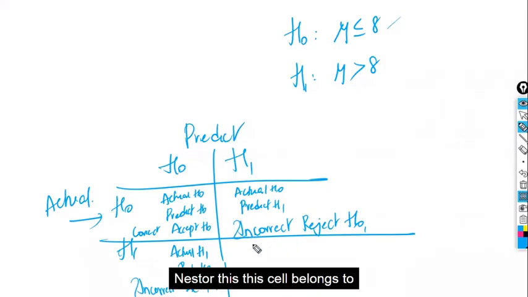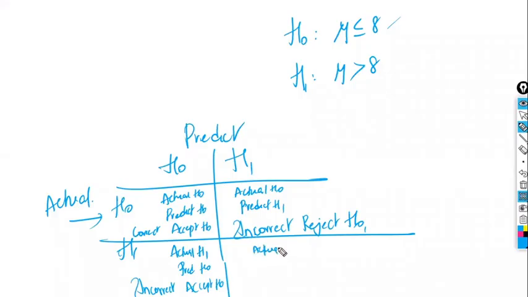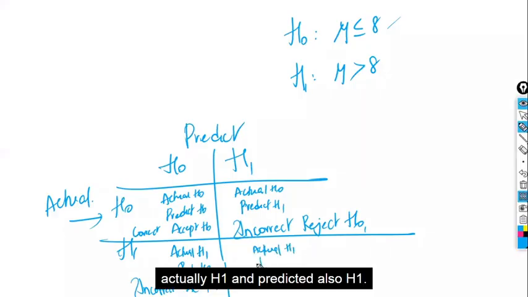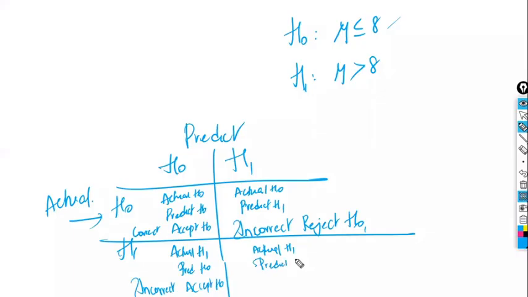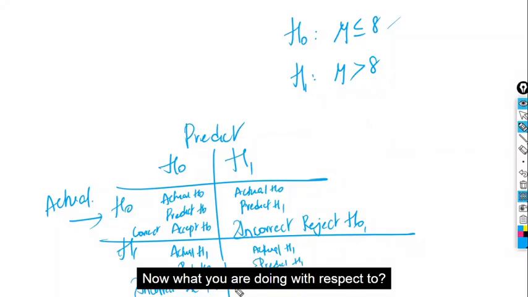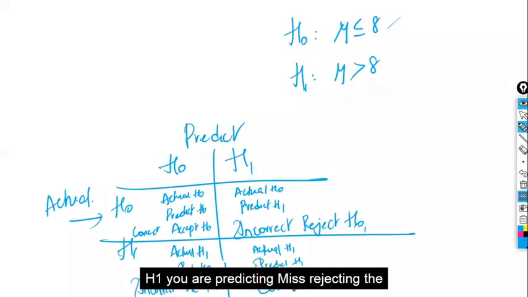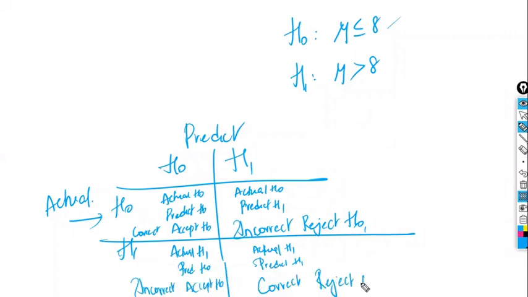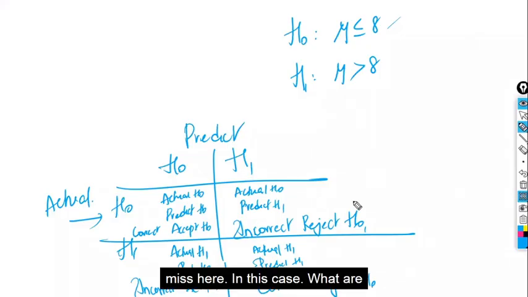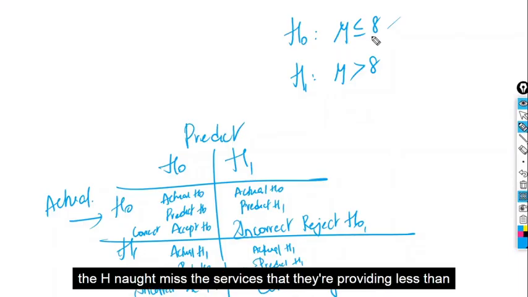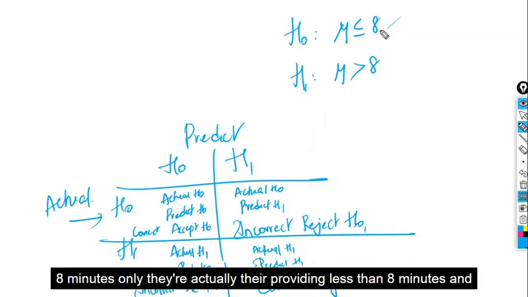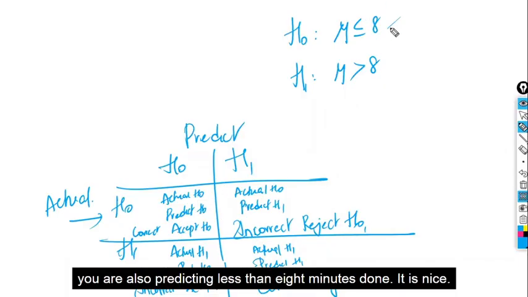Next, this cell belongs to actual H1 and predicted also H1. You are predicting correctly. H1 means rejecting the H naught. Here, H naught means the services they are providing take less than 8 minutes, and you are also predicting less than 8 minutes.